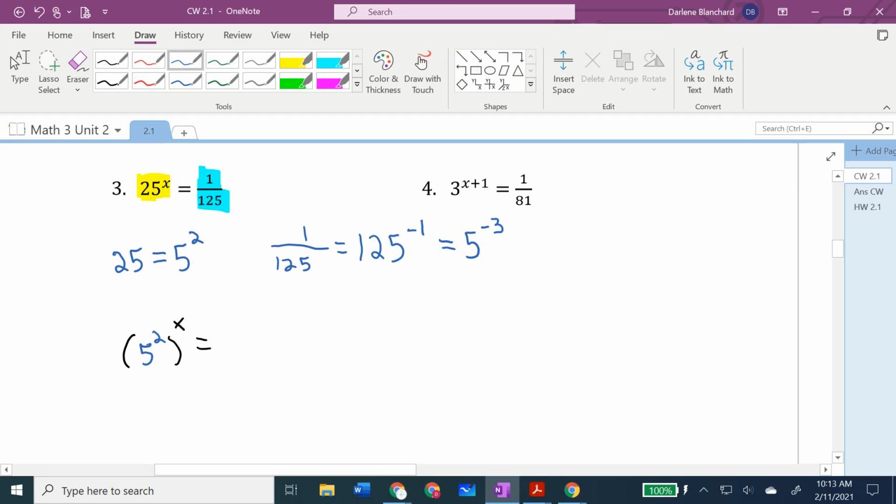And the reason I'm saying parentheses is so that you see that you have to, with the exponent x, multiply the 2 and the x together to get 5 to the power of 2x. And then this doesn't have an exponent on it. That's why I don't really need to write a parentheses. And I can just rewrite it as 5 to the negative 3.